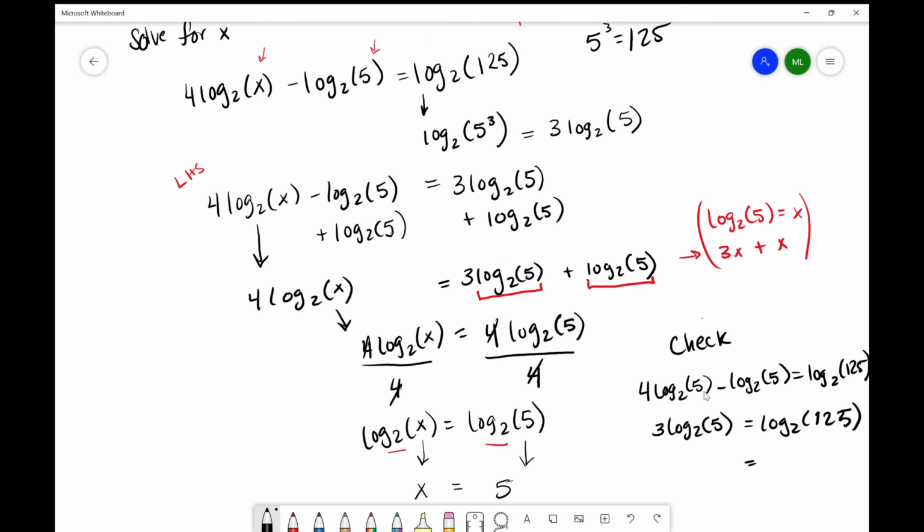And we know that is equal to 3 log base 2 of 5, because 125 is basically 5 cubed, and we can see that they indeed do match. Basically, what we're checking for is to make sure that both sides are equal. Since they do match when we check them, it is true that x is equal to 5.